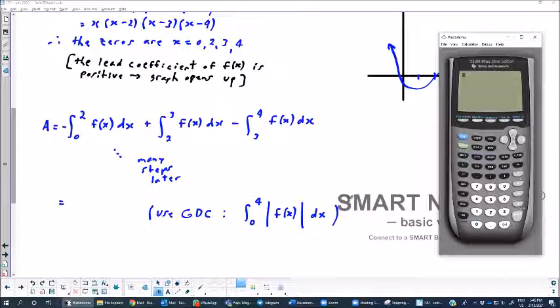But what we can do, which is a little bit easier, if we go to Math 9, and we'll just go from 0 to 4. And then in here, we're going to do the absolute value. And the absolute value, if I'm not mistaken, is, I'll go second 0 and go to abs right there. That's absolute value.